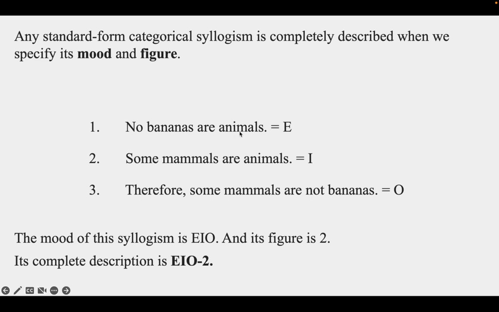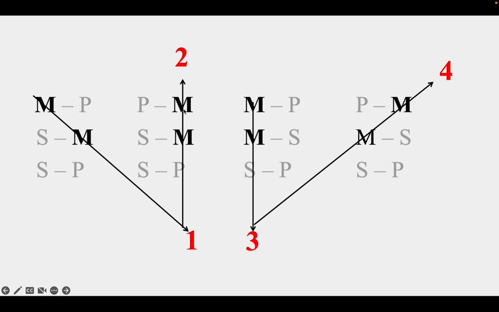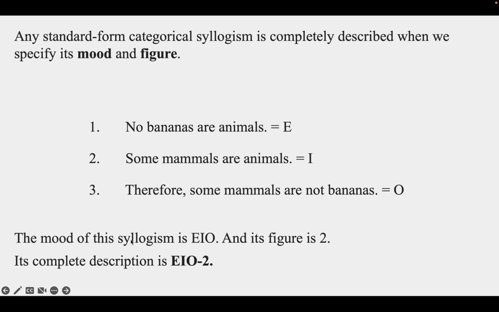And the middle term occurs here as the predicate term of both major and minor premise, which, if you remember, is figure 2. Consequently, the mood of the syllogism is EIO, and its figure is 2. So its complete description is going to be 3 letters and a number, EIO 2.